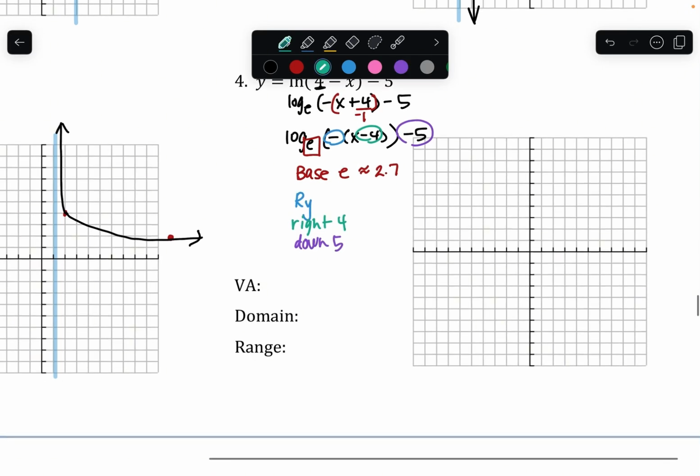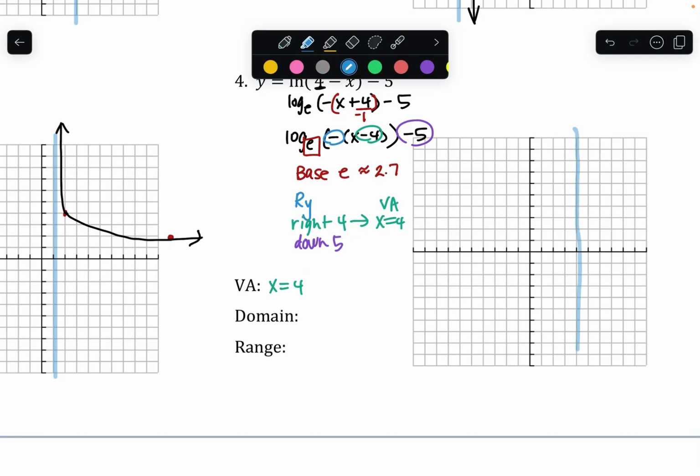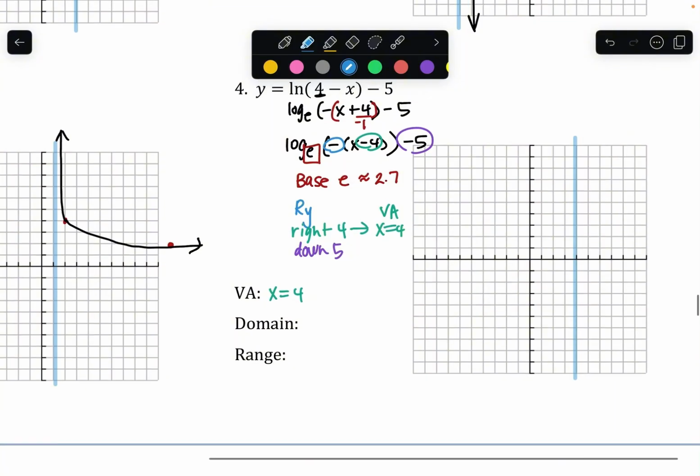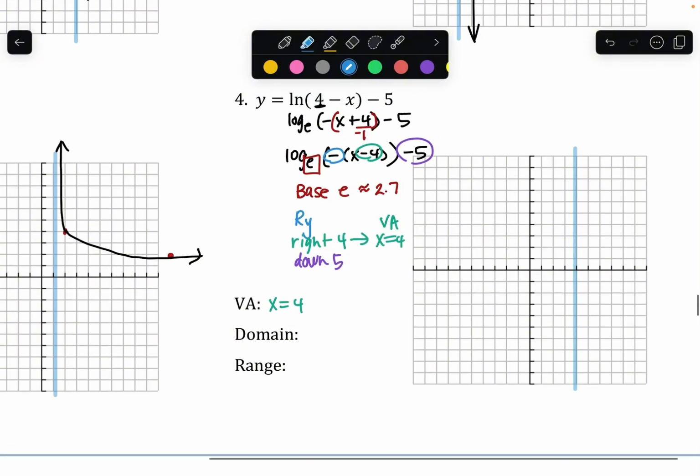Starting with the vertical asymptote, that is now at x equals 4 because of the right 4. And so I'm going to put that on my graph. And then we have a reflection across the y-axis.